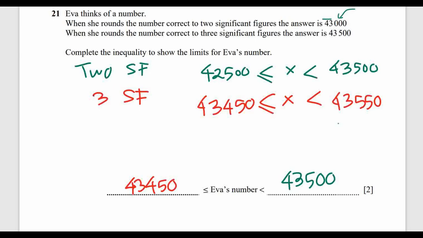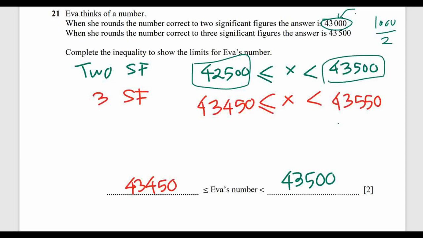Now we have to take the value 3,000, which means it's until the thousands place. Now the thousands place we divide by 2, it is 500. So we minus 500 from 43,000 is 42,500, and we add 500 to this, it will be 43,500. So 43,000 is in the middle, and the range from here to here is 1,000.